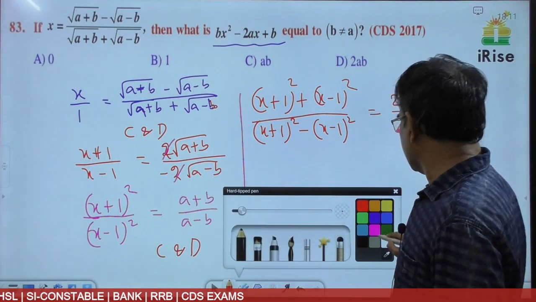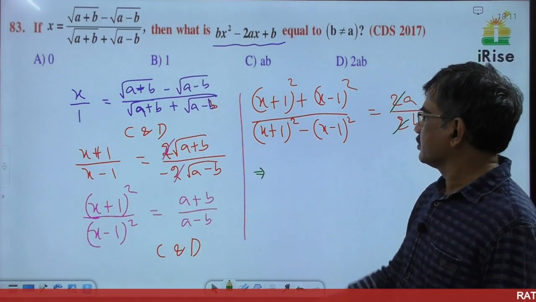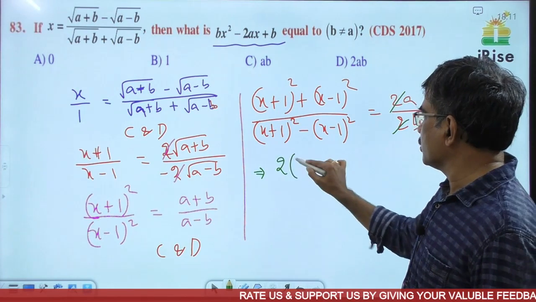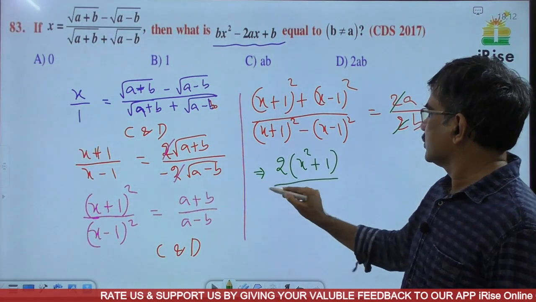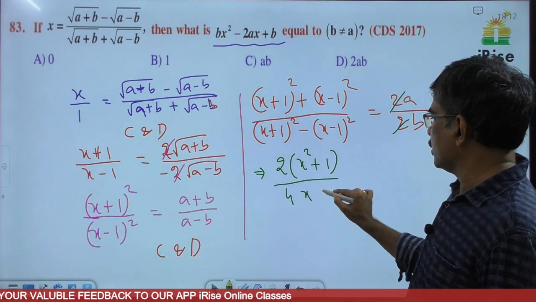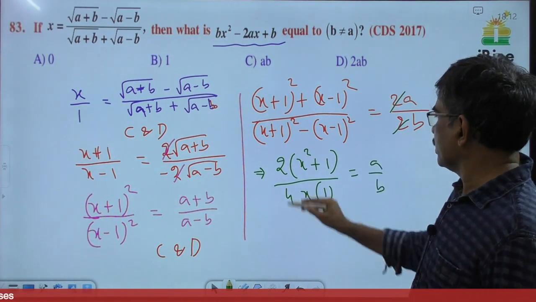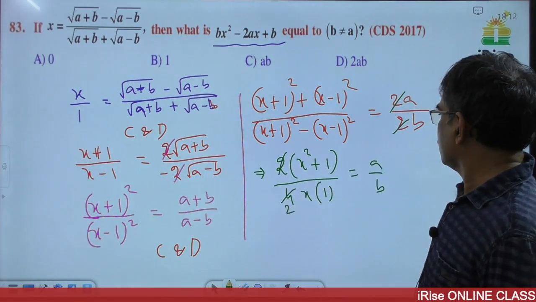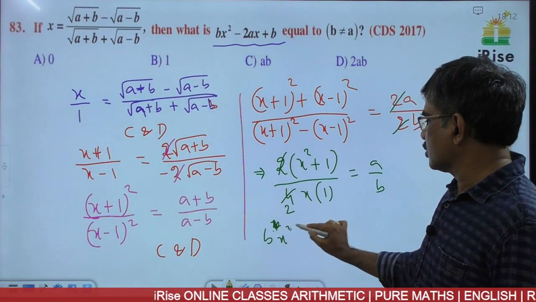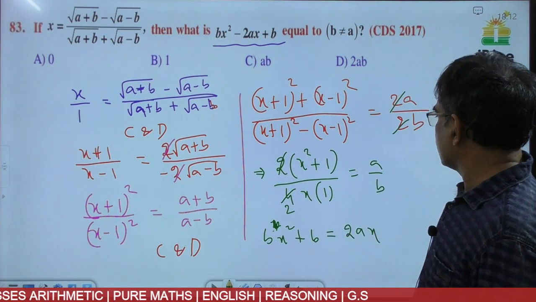Okay, then here 2 cancels. This implies a plus b whole square plus a minus b whole square is equal to 2 times a square plus b square. a plus b whole square minus a minus b whole square is 4ab. So 4 into x into 1 is equal to a by b. Okay, 2 ones are 2, 2s cancel, cross multiply, bx square plus b is equal to 2ax.